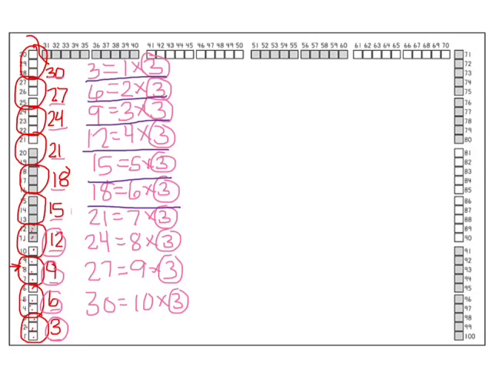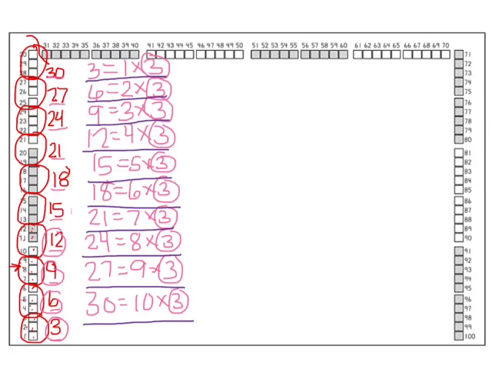Do you have 6 fingers up? Good job. 21 equals 7 groups of 3. 24 equals 8 groups of 3. 27 equals 9 groups of 3. 30 equals 10 groups of 3.